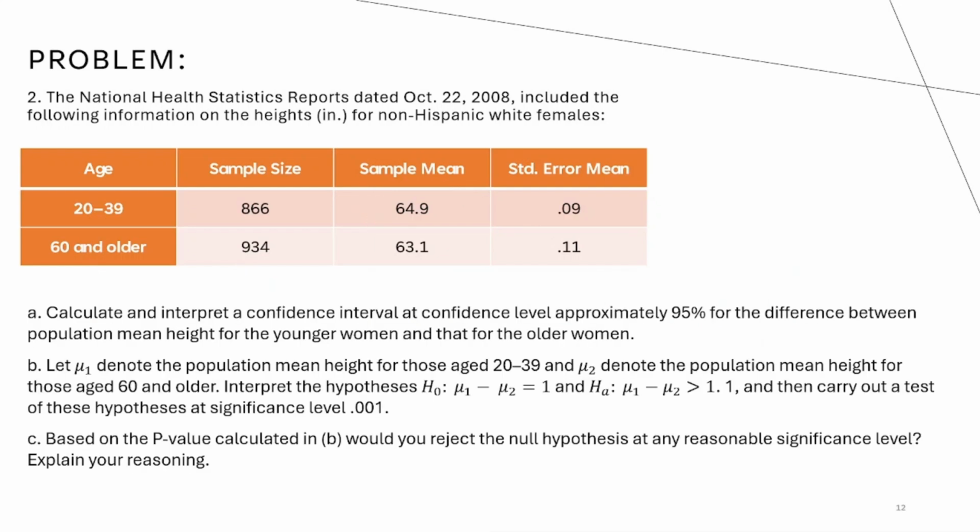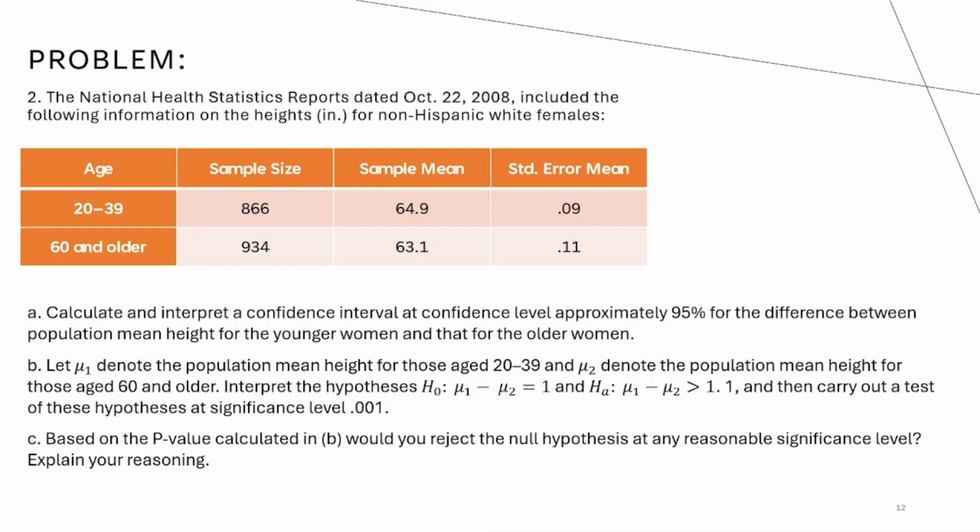Alright, so going back and looking again at part B, we're interpreting our null hypothesis, and we're carrying out the test at a significance level of 0.001. Okay, so we're letting mu1 be the 20 through 39 age group, and mu2 be the 60 and older.